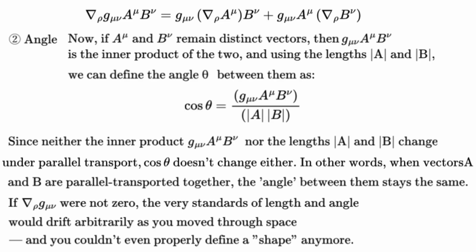In other words, when vectors a and b are parallel transported together, the angle between them stays the same. If nabla rho g mu nu were not 0, the very standards of length and angle would drift arbitrarily as you move through space. And you couldn't even properly define a shape anymore.